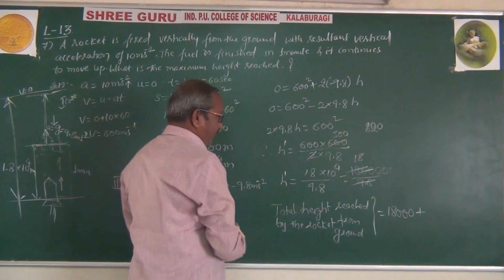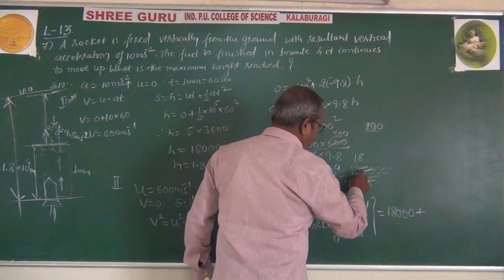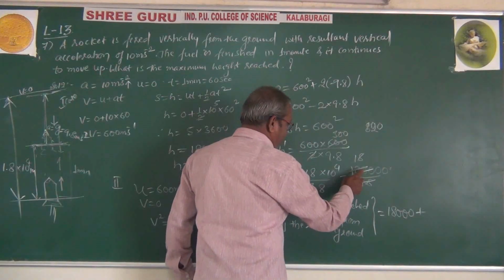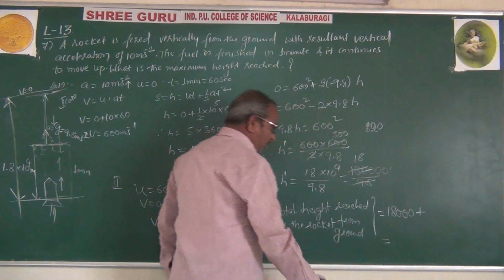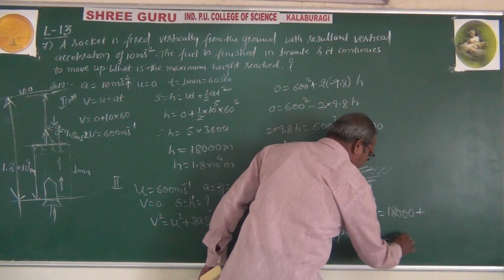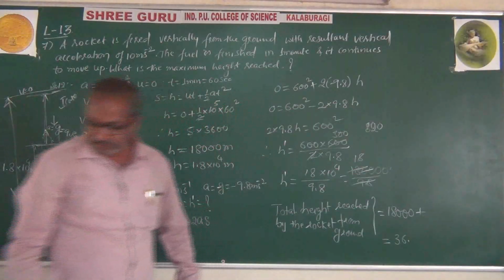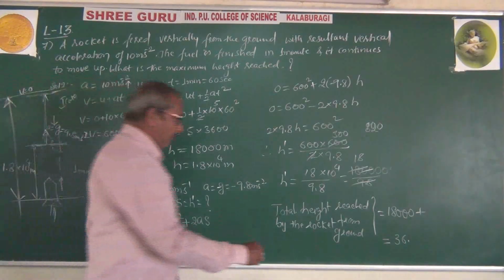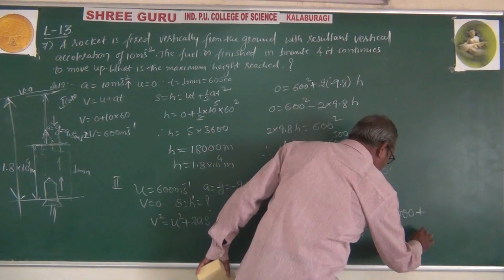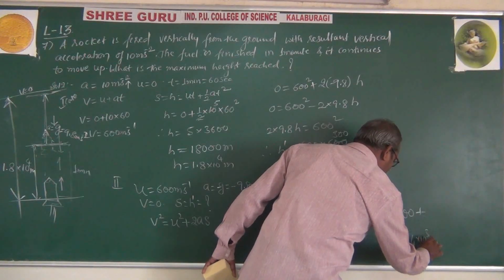So you have to simplify this value, use the calculator if you want, and write it here, and you will get the total distance. The total distance will be 36.4 into 10 raised to 3 meters.